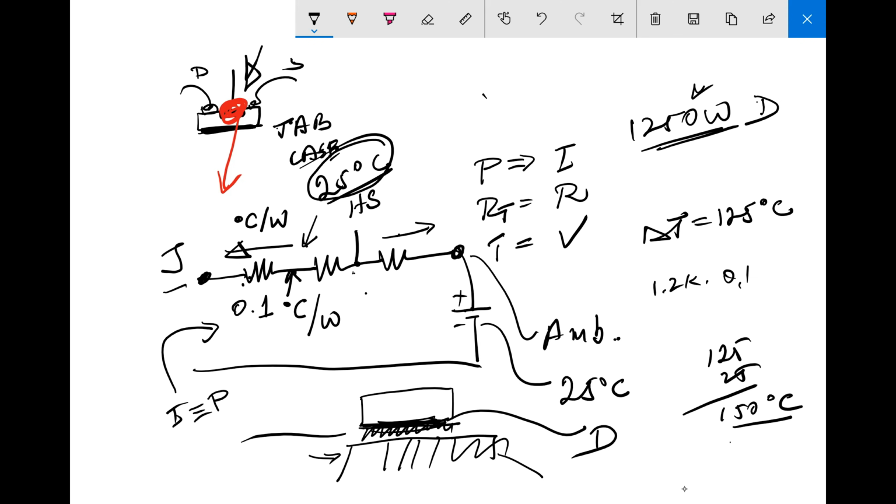Well, obviously, if the ambient temperature is 25, you want this to be 25, the thermal resistance between this point, that is the case, and the ambient should be 0. In reality, this will be a much, much larger number, certainly not 0. How much will it be? Well, let me erase this.